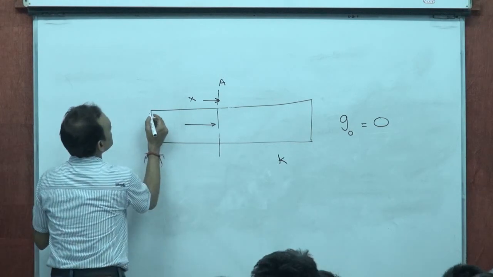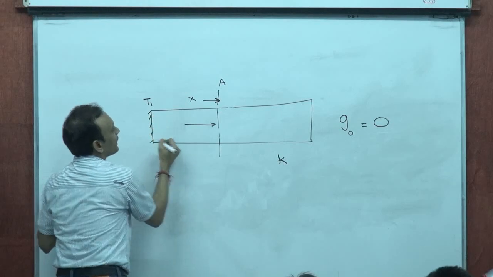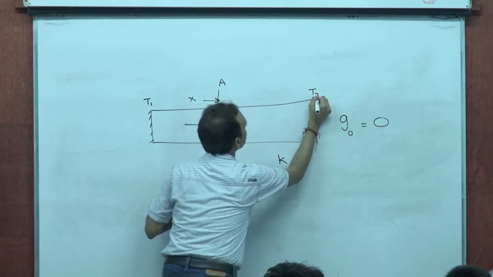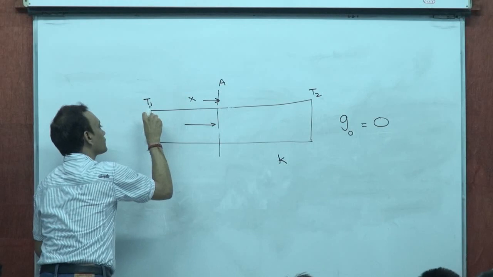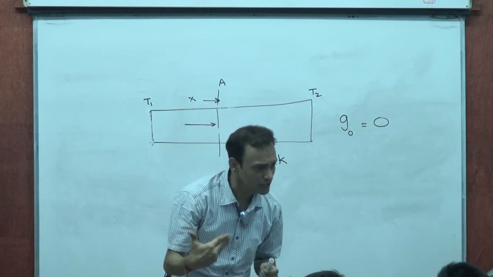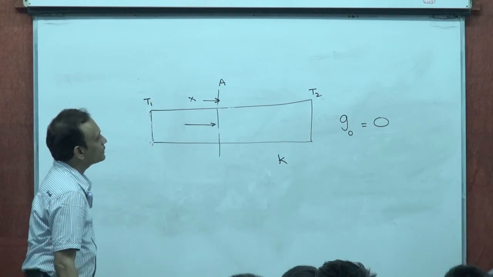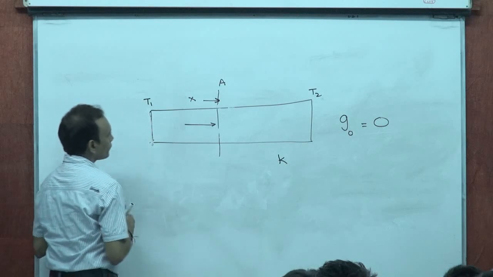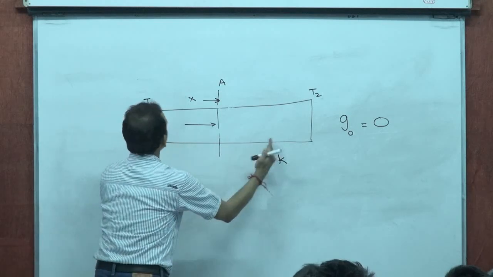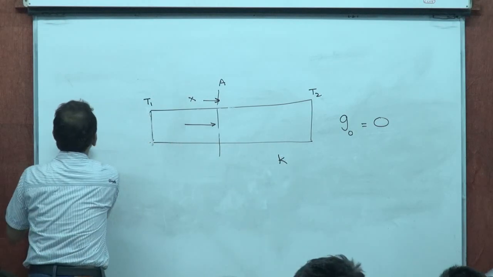Now, let's say by some means we maintain this end at temperature T1, and this end at temperature T2. There could be means of doing this. We could certainly do that if we like. So then temperature would vary with x.